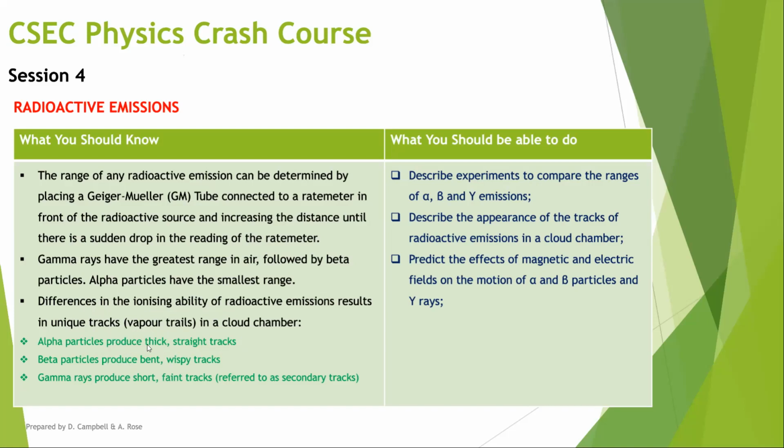Alpha particles would produce thick, straight tracks. Beta particles produce bent, wispy tracks. Gamma rays, by themselves, don't produce any tracks, but because of what they do to electrons, the electrons will produce some faint tracks.